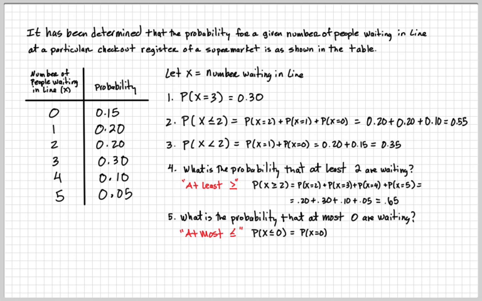Well, that's going to be the probability of X equals 0 because it says less than or equal to 0. So you count 0. Is there anything less than that? No. So you can only include 0. What's the probability of that? 0.15. Okay. So that should give you a sense of how to do these problems as a data detective when you have a probability distribution table.